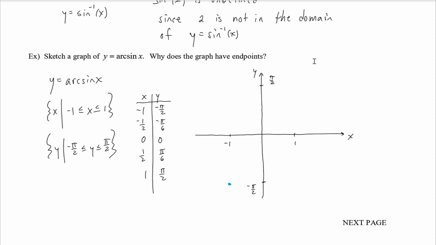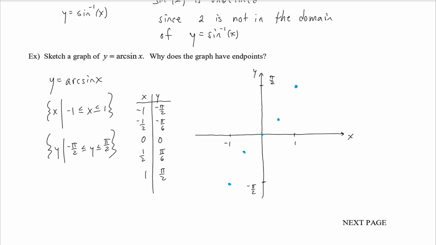So where would that be? Let's see, -1/2, and then about a third. So like right there. Then 0, 0, and then about a half and a third again. Then 1, pi over 2.